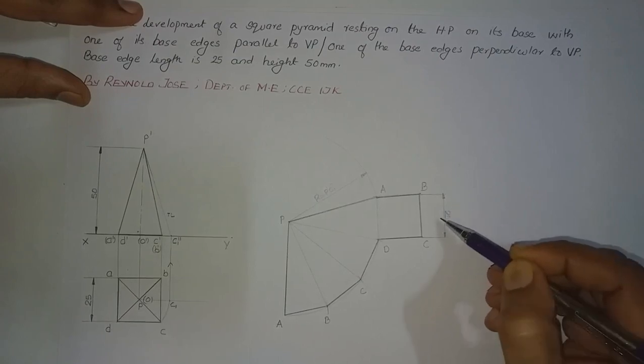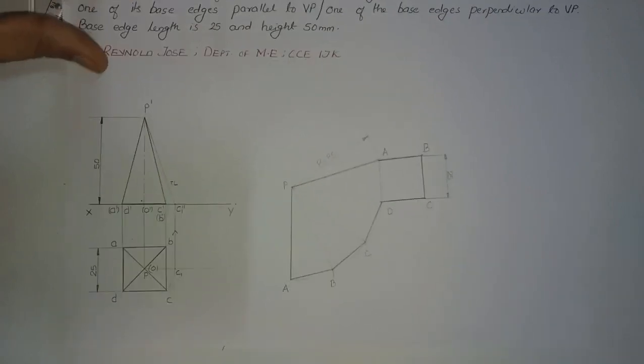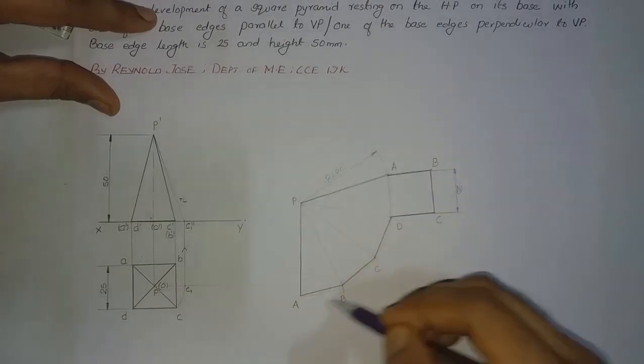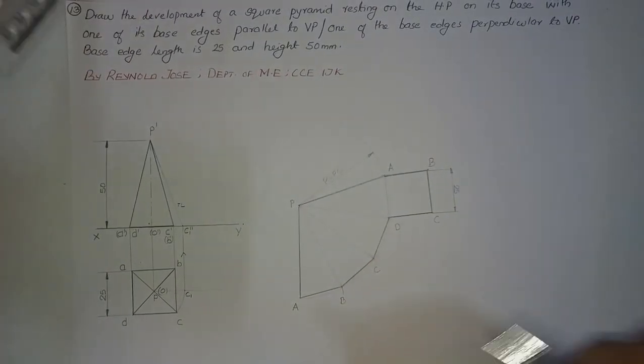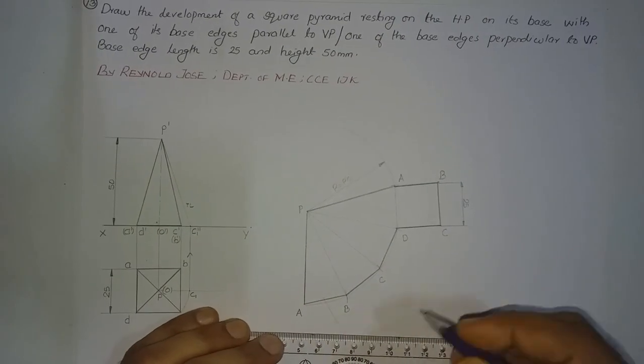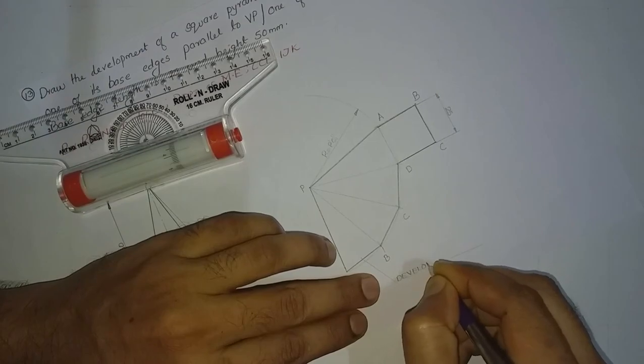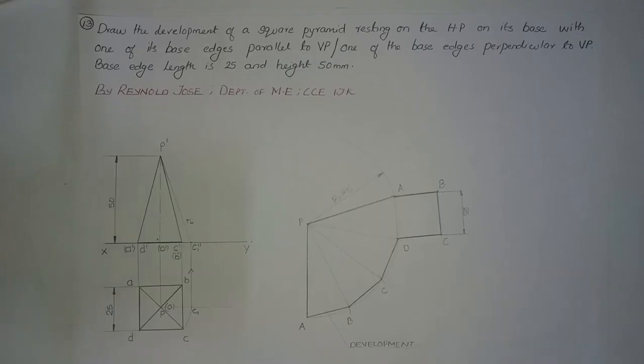This dimension line is not a vertical dimension line, it is slightly inclined to the left hand side. That is why I have given this 25 on the right hand side. If it was a vertical dimension line, I would have to give this 25 on the left hand side. Now I have to write this as development. This total area is known as development.